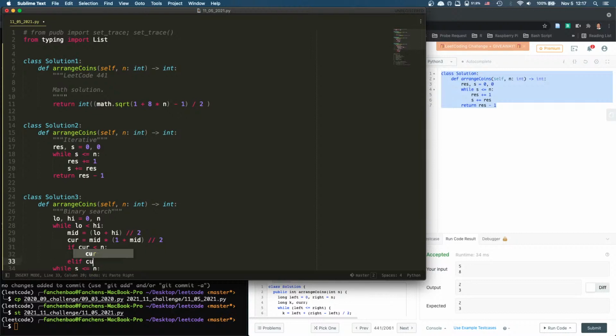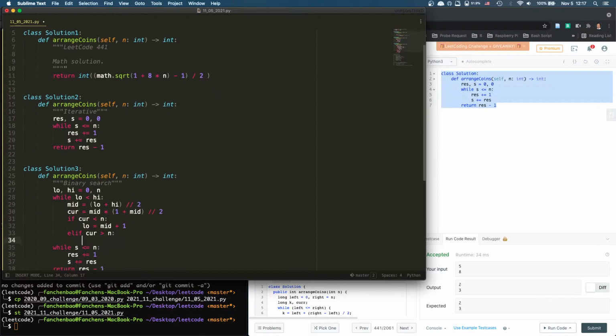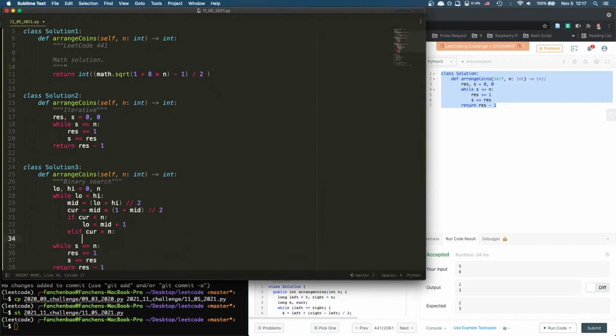Otherwise, if current is larger than n, right? It's too big, then high will equal mid. Actually, I think this else should suffice, right? Else high is this, and eventually they will meet each other.